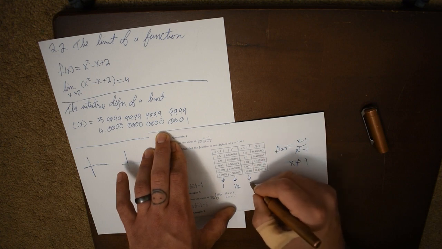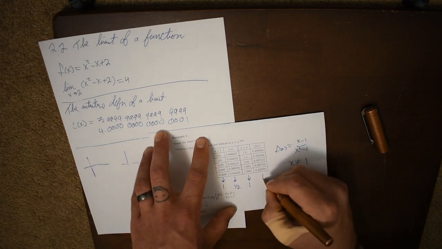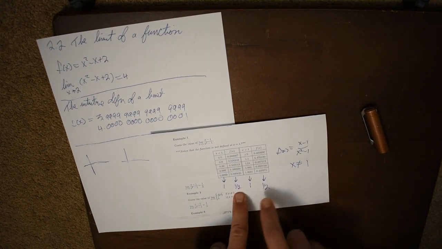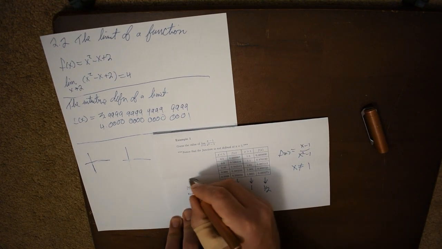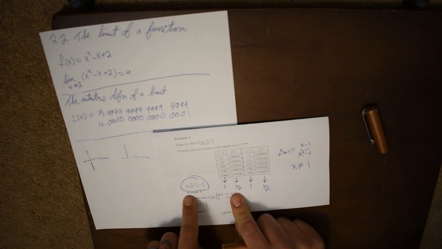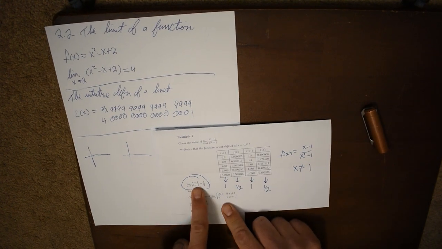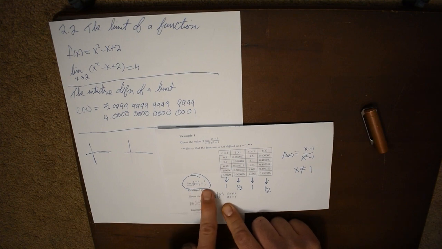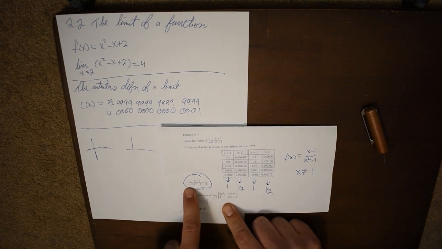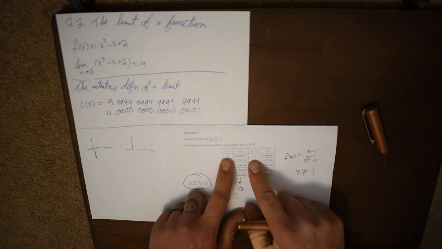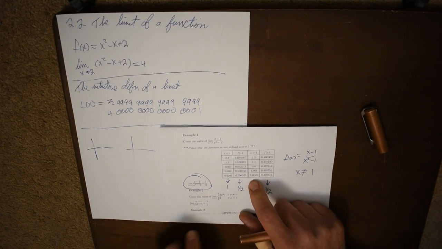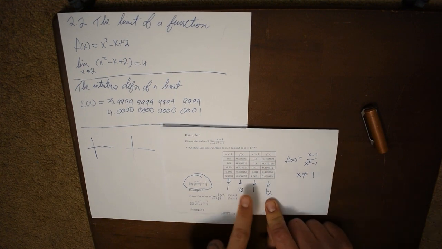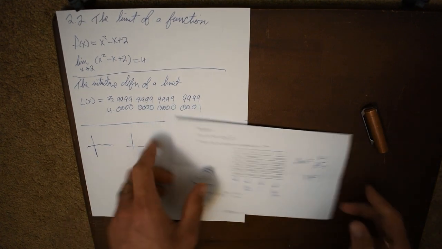As x is getting closer to 1, the y values are getting closer and closer to 1/2. And that's why we say the limit of that function. We say the limit as x approaches 1 of x minus 1 divided by x squared minus 1 is equal to 1/2. Because as the values of x get really close to 1 from both sides, the values of y are approaching 1/2.